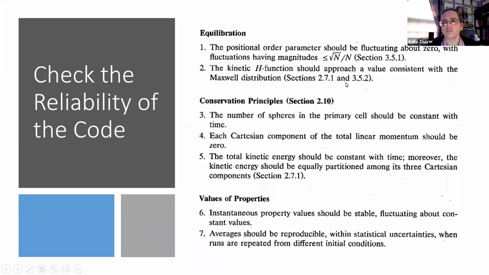The kinetic H function should approach a value consistent with the Maxwell distribution. So basically, we compute the ideal H function from the Maxwell distribution, and we also compute the H function from the data that we have, and we compare the two, and that's how we decide if we have equilibrated the velocity.